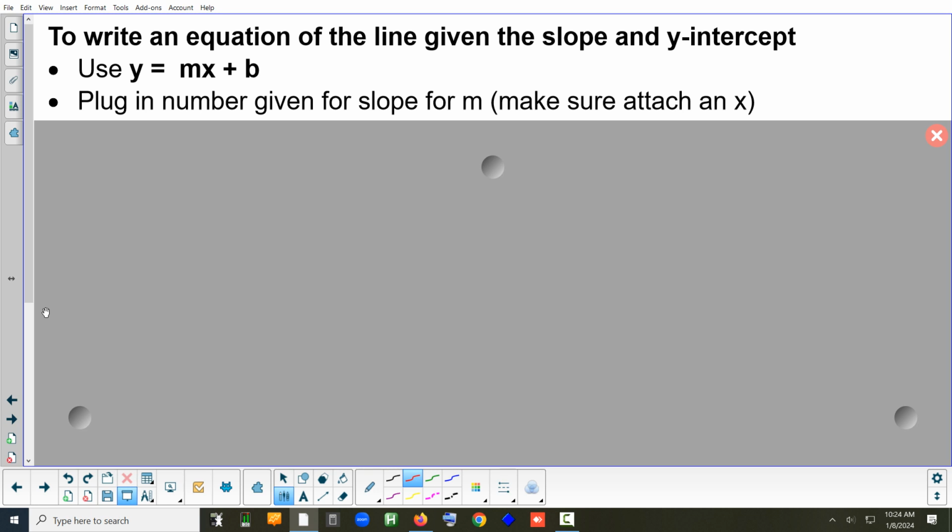On the second bullet, it says plug in the number that they give you for the slope. So fill in the word slope, and make sure you fill that in for m. And how do you know it's the slope? There's always an x attached to it.